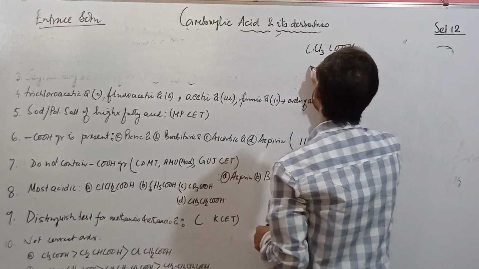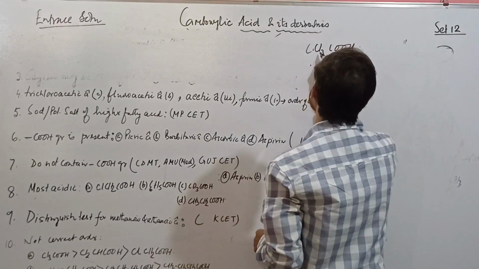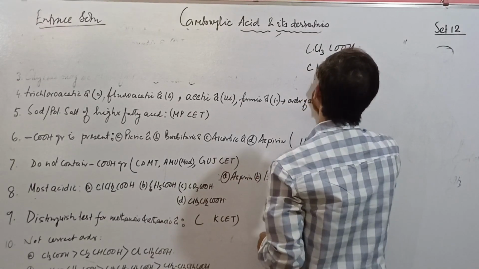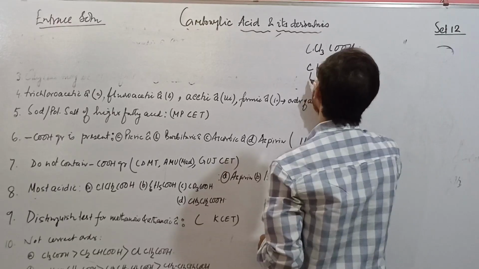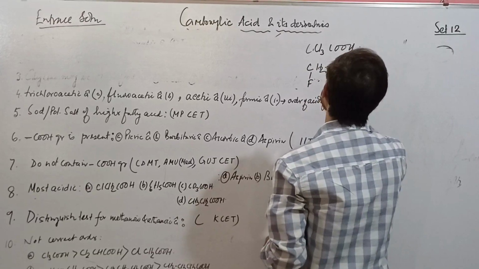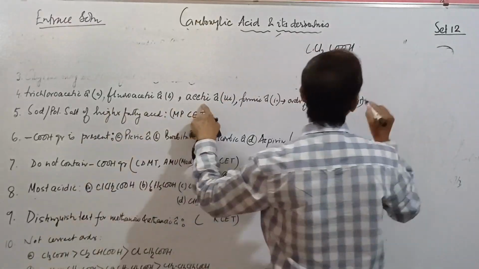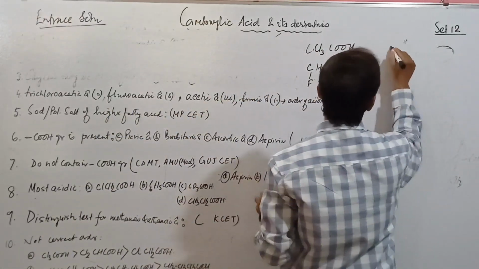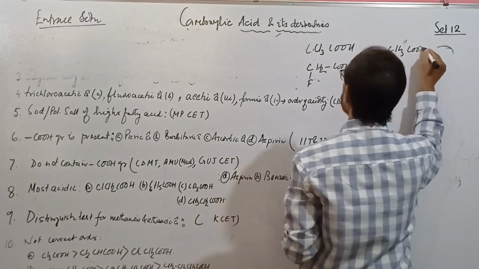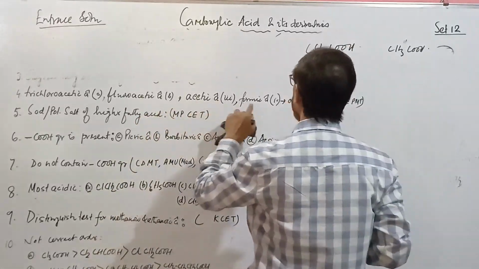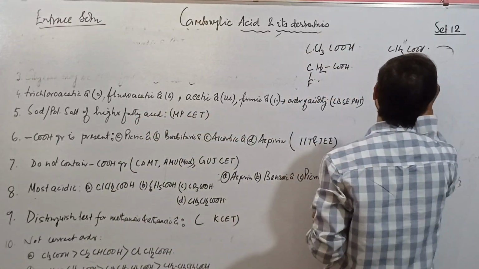Fluoroacetic acid means 1 fluorine is there. Actually this is CH3, so in place of an H of CH3 there is 1 fluorine. And next one is acetic acid, meaning CH3COOH. And last one is formic acid, HCOOH.